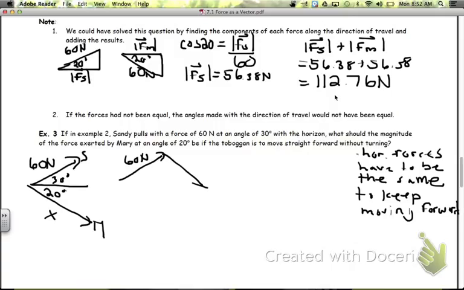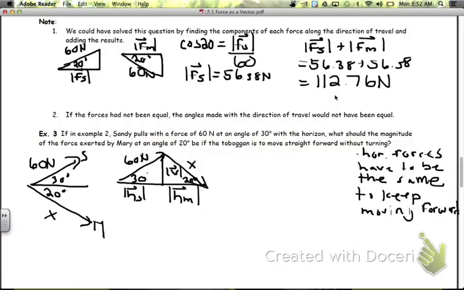This is our x here, and then we're going to have this as our vertical force. We know this is 30 degrees, and we know this is 20 degrees. This is going to be our horizontal force with Sandy, and this is our horizontal force with Mary.